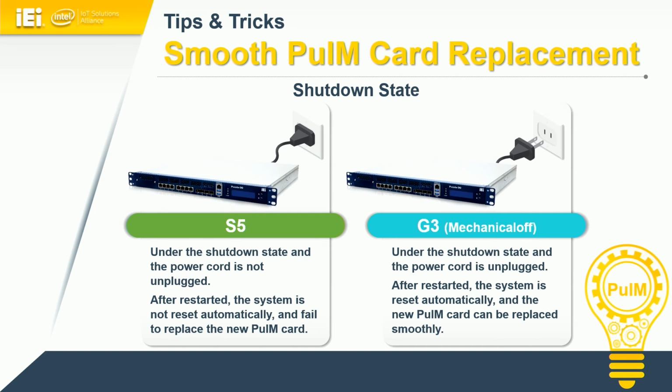Because it did not enter the G3 state, the dual PCIe by 4 context is still kept in the system memory, and the system may not be able to recognize some ports of the PCIe by 2 PulM card. To avoid this, remember to enter the G3 state before replacing the card.